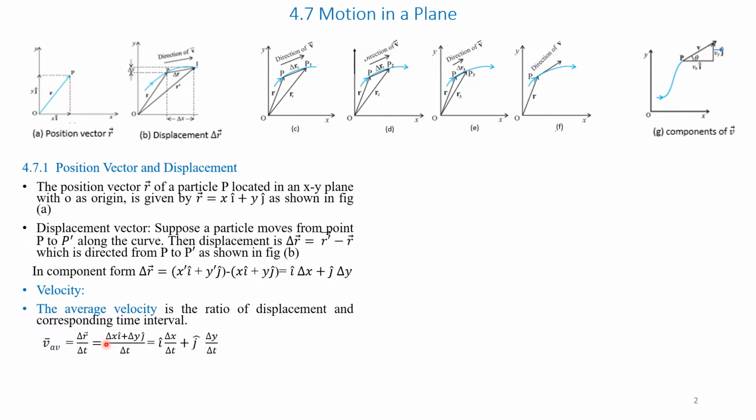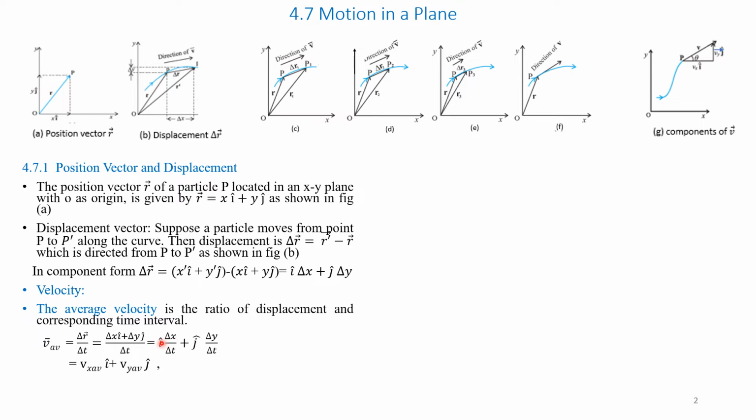And the numerator can be split, so it is written as i into delta x by delta t plus j into delta y by delta t.